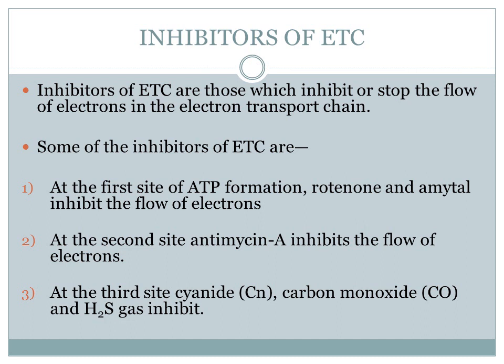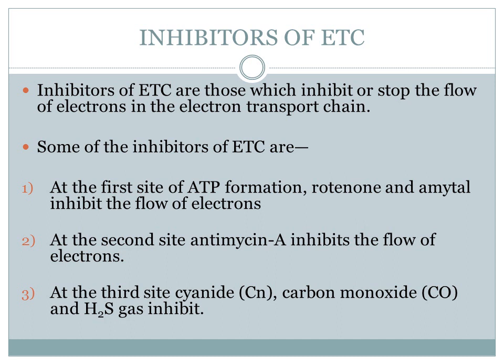Okay, all these are poisons. If they go inside our body, the cells will die. If more cells die, the person will also die. But among these three, the inhibitors at the third site are more poisonous, more dangerous, more fatal than the inhibitors at the first and second sites.